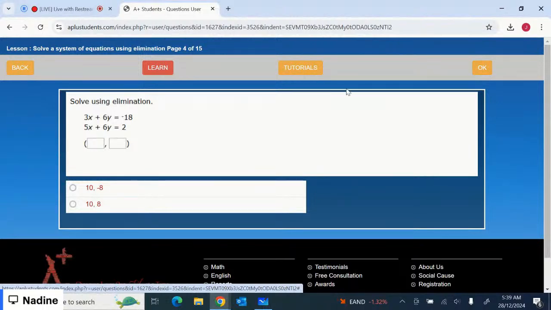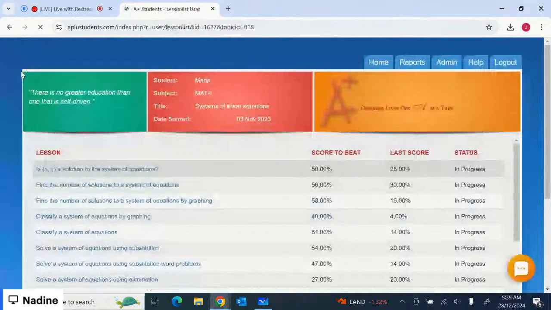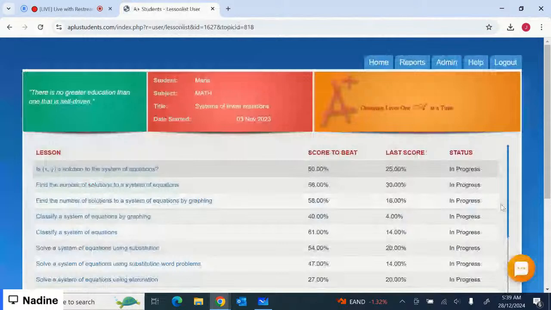So we were working on grade 10 math. The chapter we were working on is system of linear equations, and the lessons we have covered today are solve a system of equations using substitution, solve a system of equations using substitution word problems, and solve a system of equations using elimination.